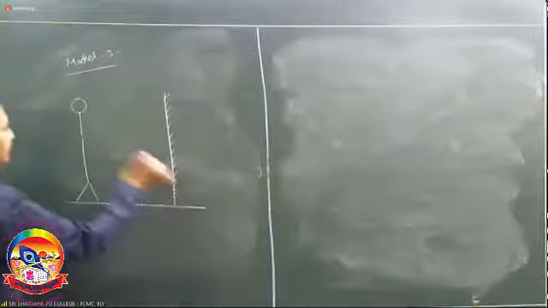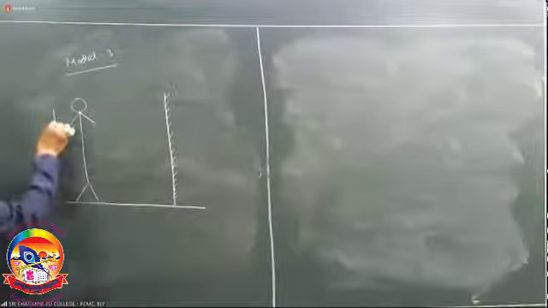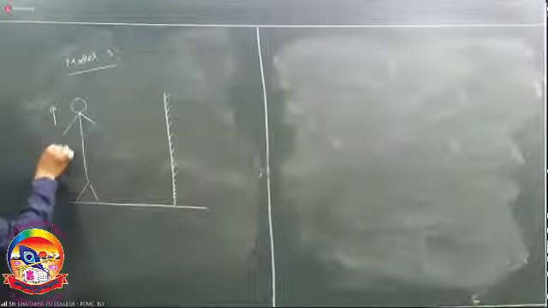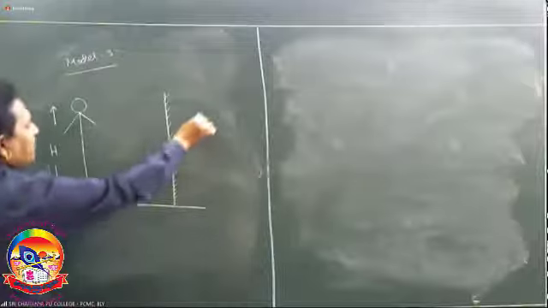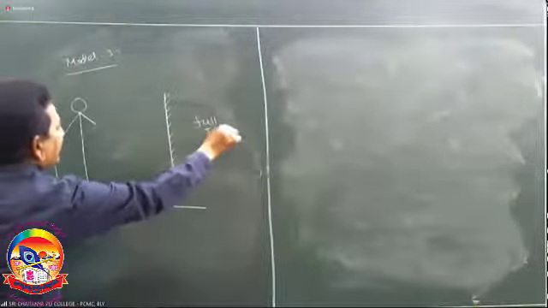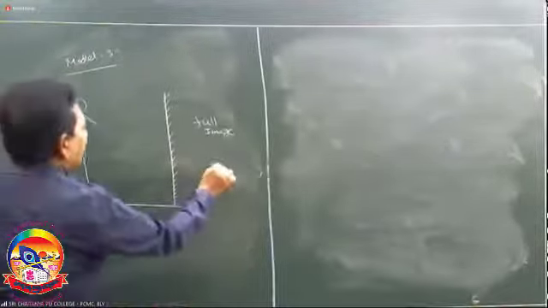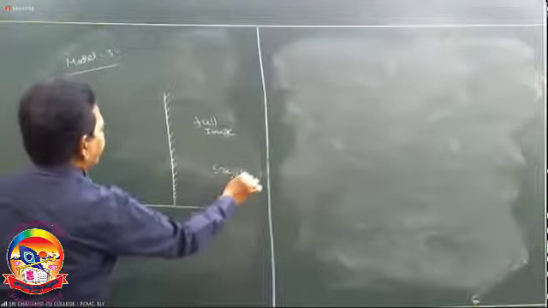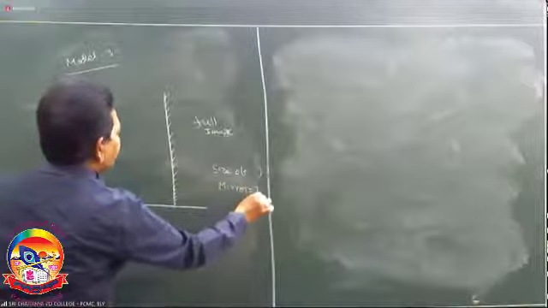H is the height of the person. He wants to see the full image in the mirror. What must be the size of the mirror? We have to find.